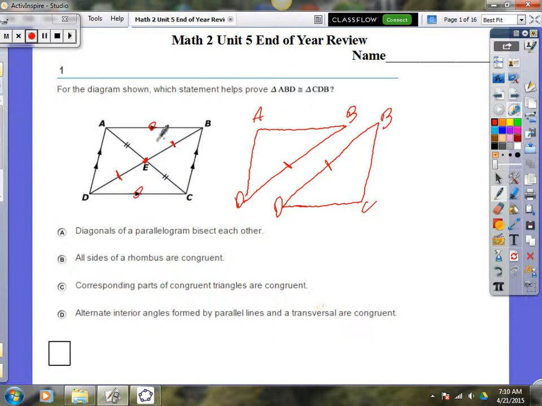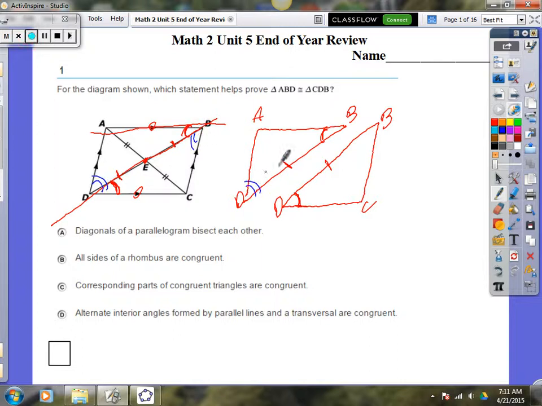Now, because these are parallel lines, if I look at this as a transversal right here, and these are my parallel lines, I know that this angle is congruent to this angle because they're alternate interior angles. The same is true for this angle. That's the same as that because they're alternate interior.